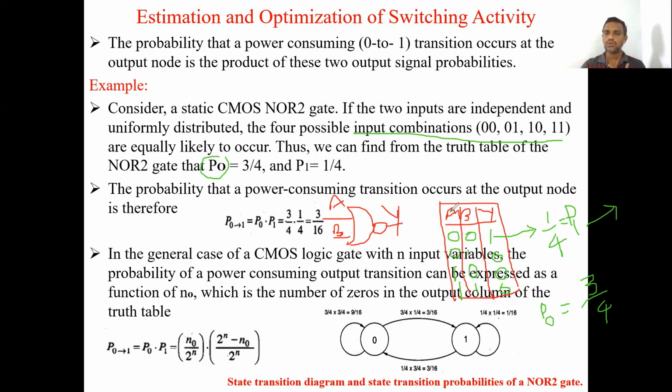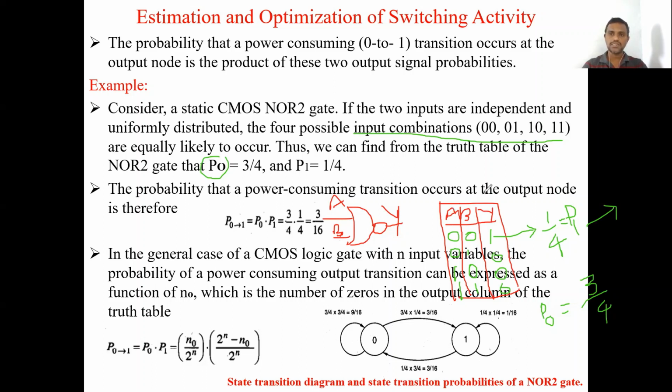So now what we have to consider is the total power consumption, or the total probability of the power consuming transition, which we have to calculate. The total probability of a power consuming transition depends on the probability of the output signals, that is, P0 and P1.